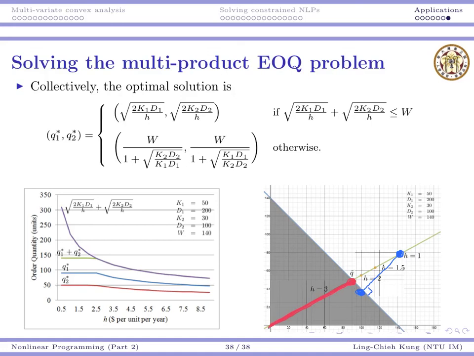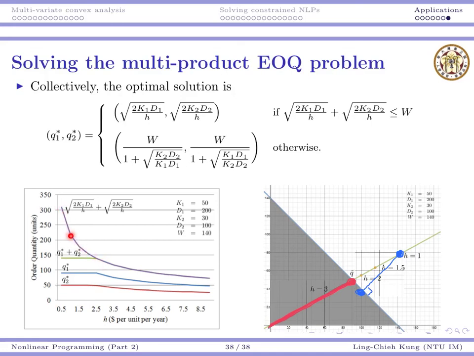Here, we may draw curves for the optimal order quantities. If the holding cost is small enough, then having inventory is not a big deal, right? So ideally, we want to order a lot.